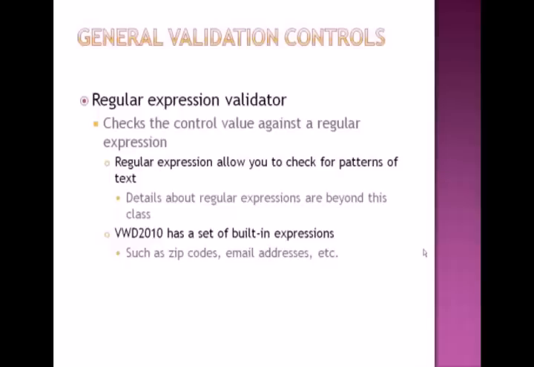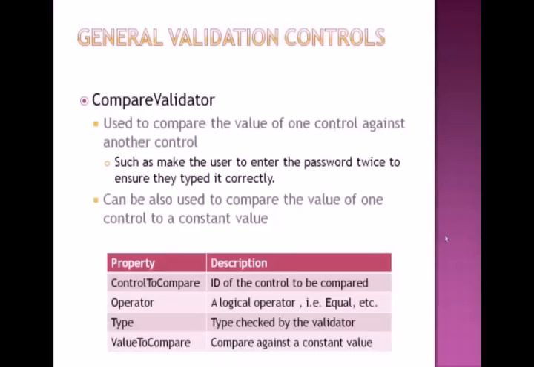Finally, the compare validator is a validator that can be used to compare the value of one control to another. The control to validate is the control whose value is compared against another control, and the control to compare is the ID of the server control that the validator compares its results against.